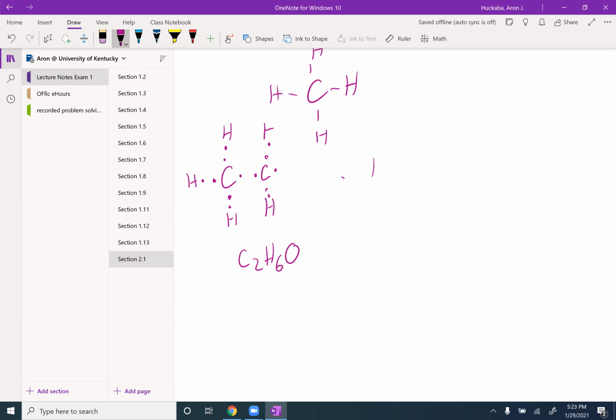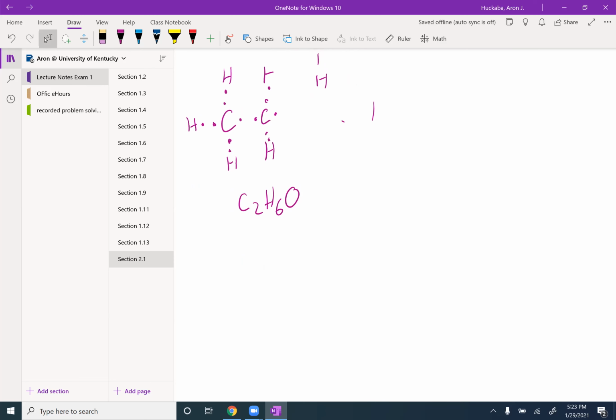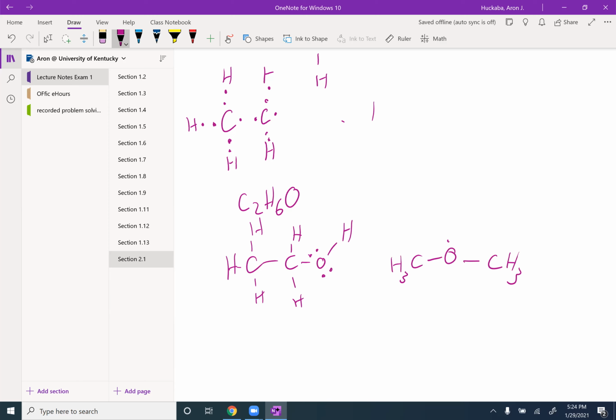While it's true that that is how many carbons, hydrogens, and oxygens are present, ethanol as drawn here can have this structure, which is the one that we are familiar with, or at least the one that people typically drink. But this same molecular formula can correspond to this molecule here. They're both C2H6O. One people interact with very often, and one people never do.